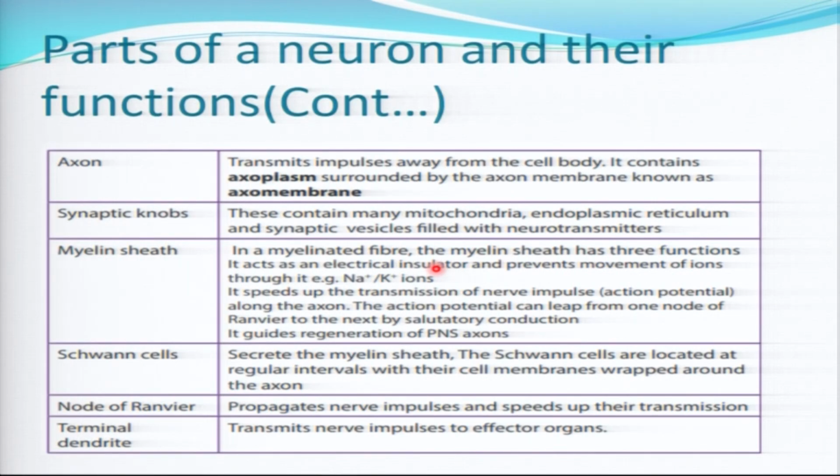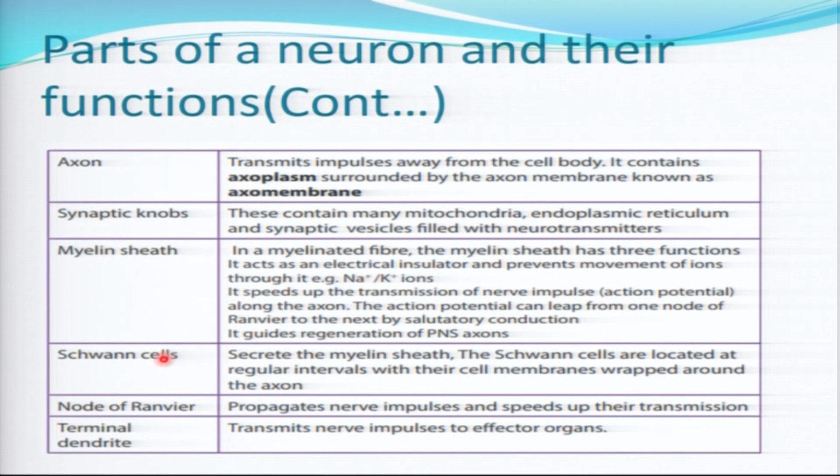So to increase the speed of the impulse along the neuron, those myelin sheaths are there just to insulate the impulse as it is passing. We shall come back to this when I explain how the information is transported. So it acts as electrical insulator and prevents movement of ions through it.